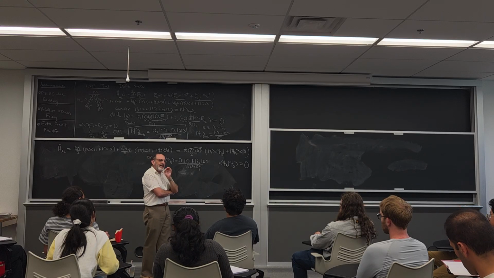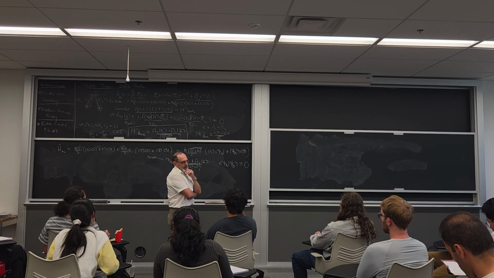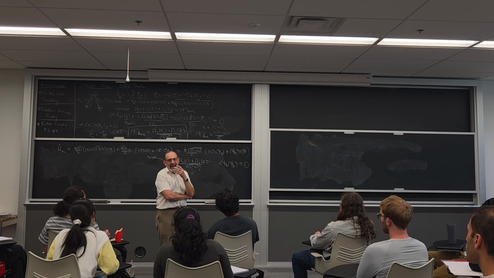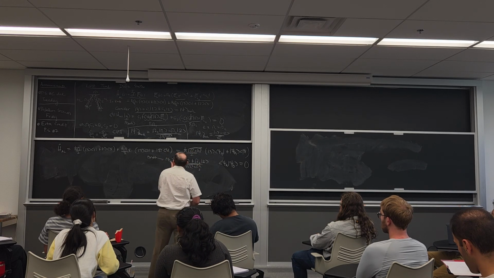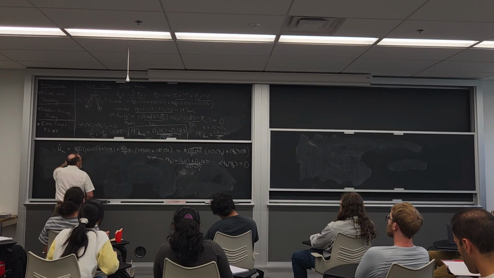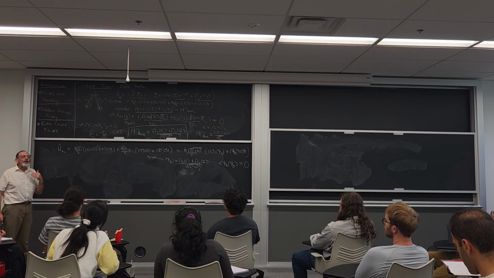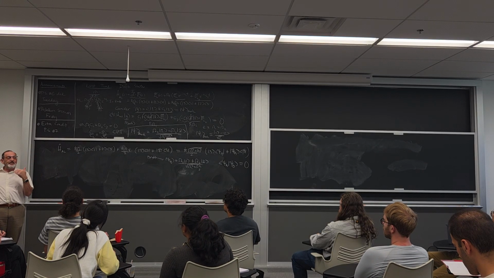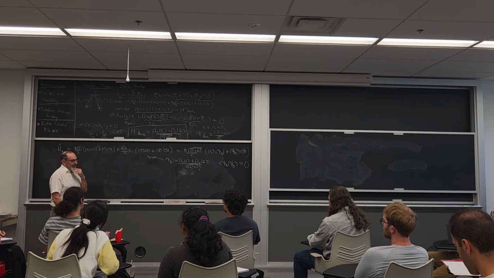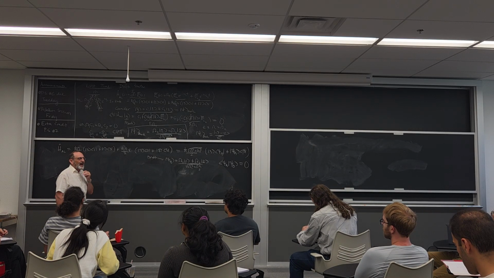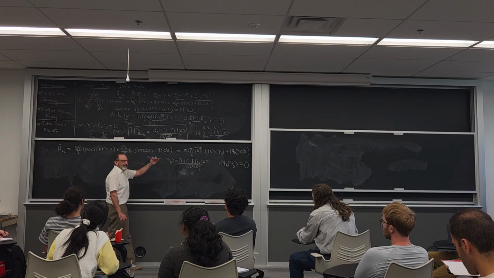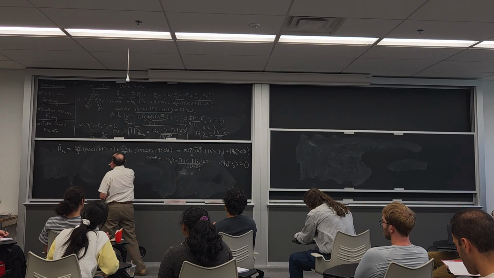So, now I ask you, what are the dressed states of this Hamiltonian? Okay? What are the dressed states? The dressed states are the eigenstates of this 3-level Hamiltonian.